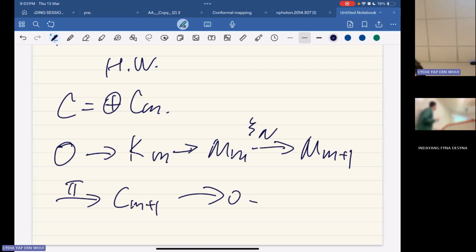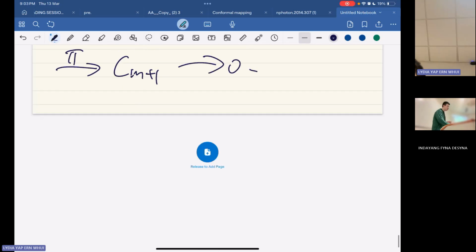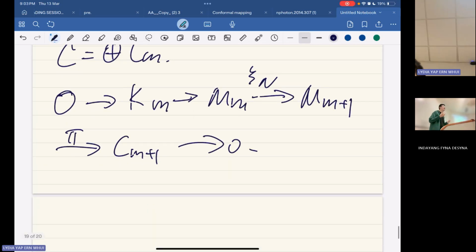What does this chain mean? Actually, this thing we call an exact sequence. It means that the kernel of the right map is equal to the image of the left map. Do you guys understand what I'm saying? We see that in this chain, every arrow here is a map, right?